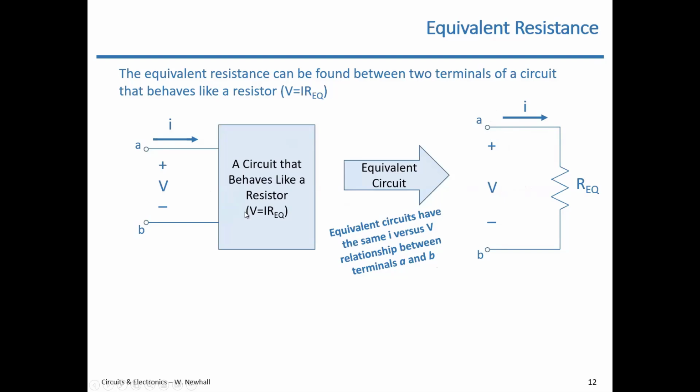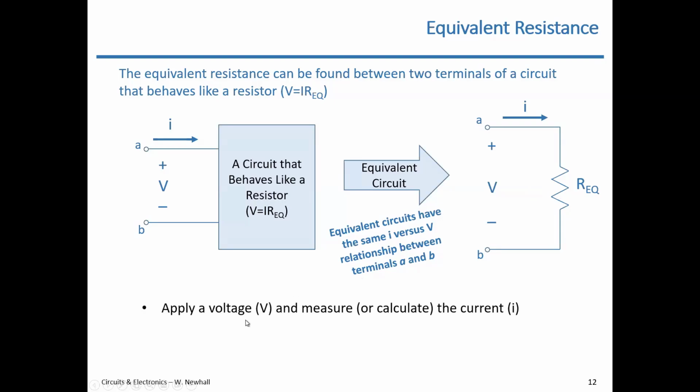So if I can figure out how to combine all these components in this circuit and have the same relationship as a single resistor, then I've calculated the equivalent resistance.